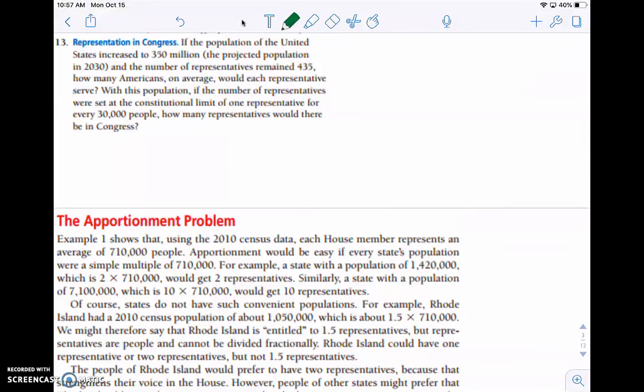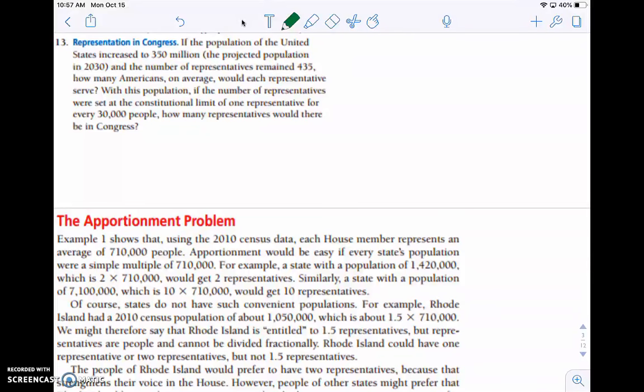Representation in Congress: if the population of the United States increased to 350 million, which is the projected population for 2030, and the number of representatives remained at 435, how many Americans on average would each representative serve?